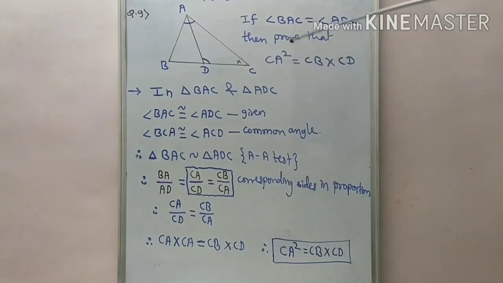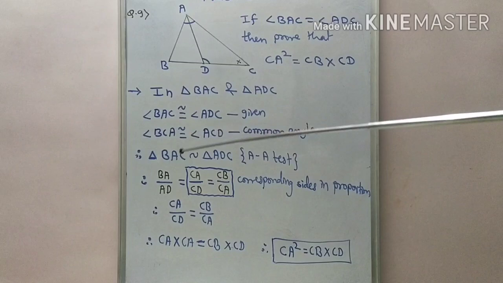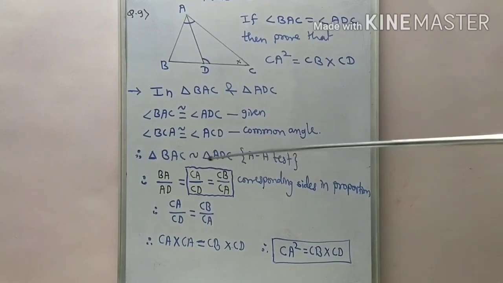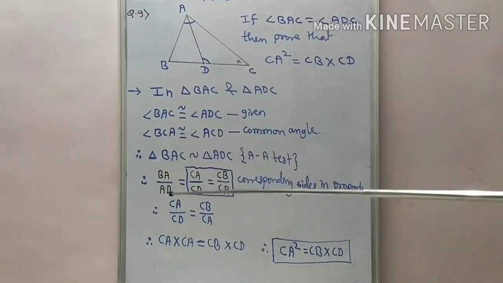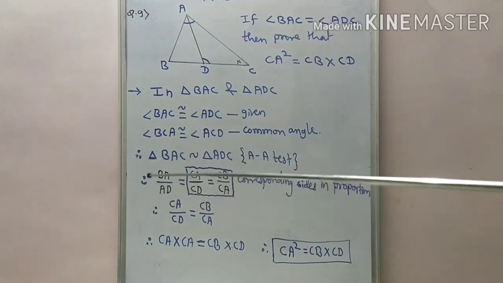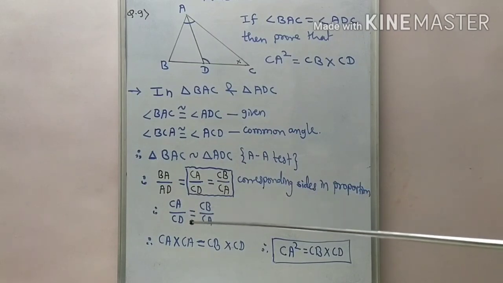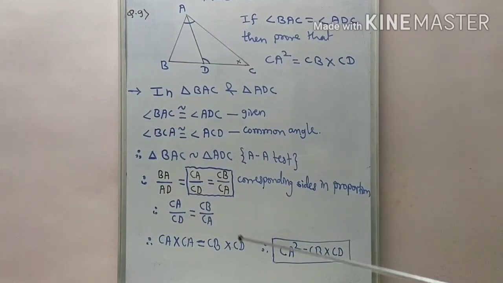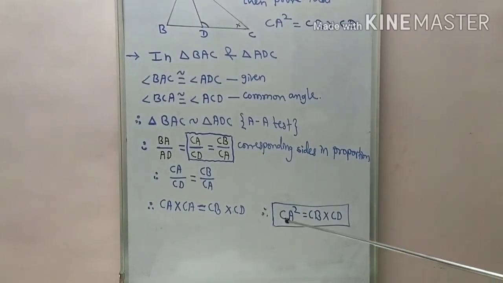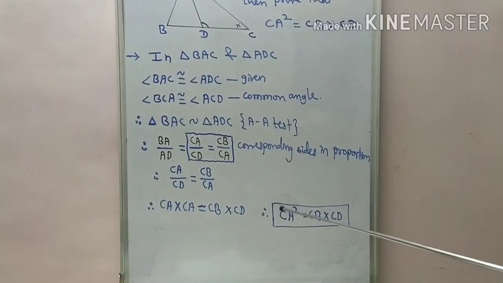First pair is given, and second is for the common angle C here. So if two triangles are similar, corresponding sides are in proportion, we skip the one ratio which we won't require, and we take the remaining two ratios downside. So by cross multiplication we get what we have to prove, that CA square equal to CB into CD. So like this, a 3 marks example is asked in the exam.